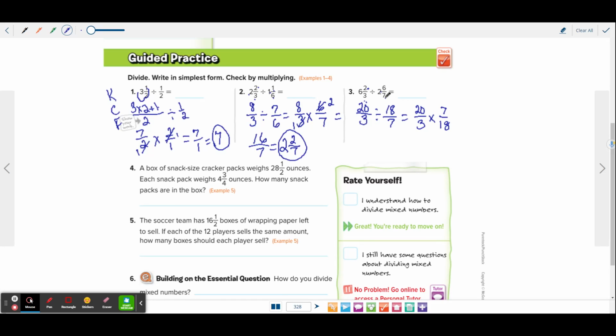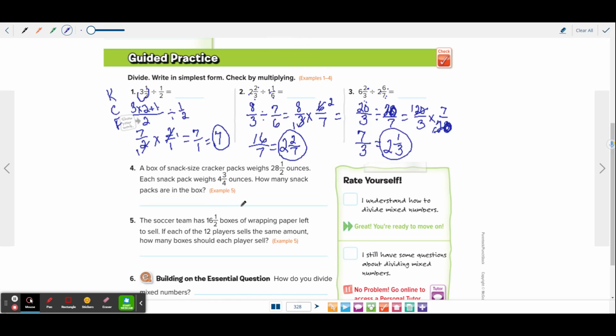I messed up, didn't I? 2 times 7, 14, plus 6 is 20. Sorry about that. So this would be 20 when we flip it upside down. Okay, so now we can simplify here by dividing by 20, and they'll just become ones. And then we have 7/3 for our answer, because 1 times 7 and 3 times 1. So then that would be 2 1/3 for our answer.